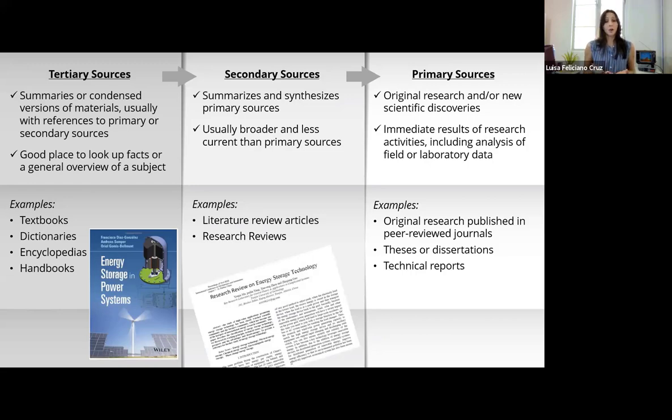This type of article is a secondary source, it provides an overview of different primary sources that have been published. So when you find one of these articles, they're super useful to give you current information on what's being done in your area. And usually the references for the secondary source are going to be your primary sources.